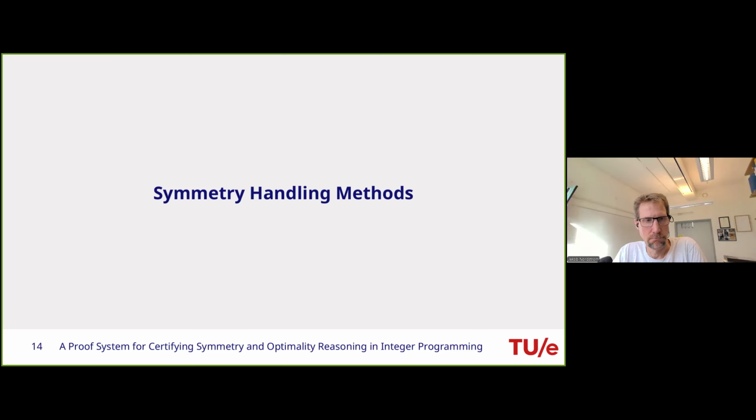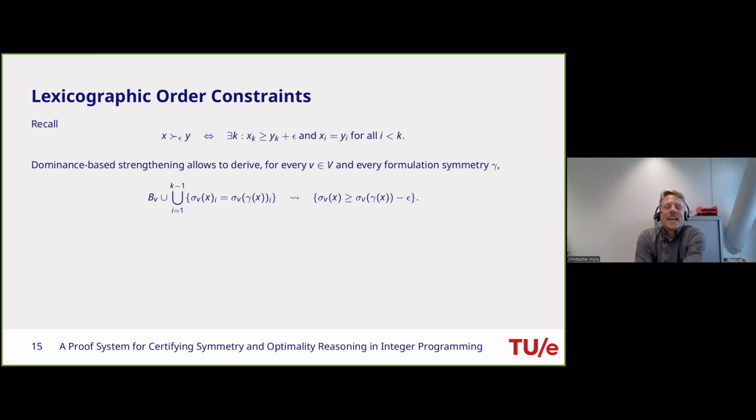Okay. So recall that I told you in the beginning of this second part that many of the symmetry reductions that are actually discussed in the literature can be derived from such a dynamic lexicographic comparison, a rule where we define these lexicographic orders dynamically based on the branching history.